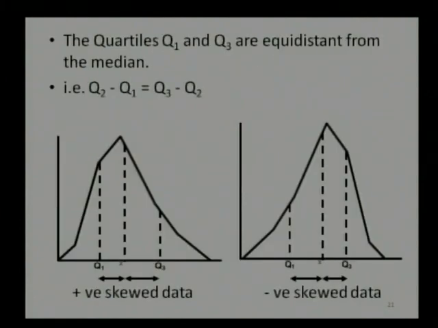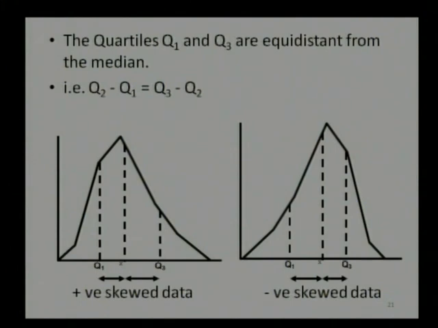Okay, now let us see the quartiles property. The quartiles Q1 and Q3 are equidistant from the median. It means that the distance Q2 minus Q1 is equal to the distance Q3 minus Q2. In either case, if your data follows a non-normal distribution, you may have positive skewed data as well as negative skewed data.